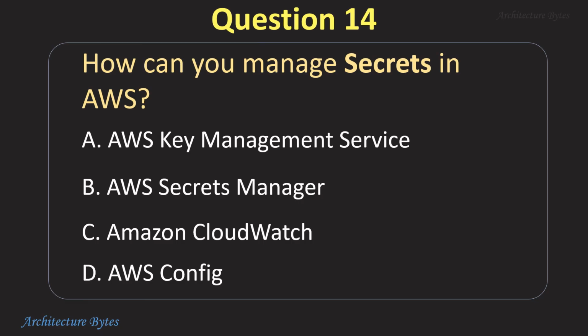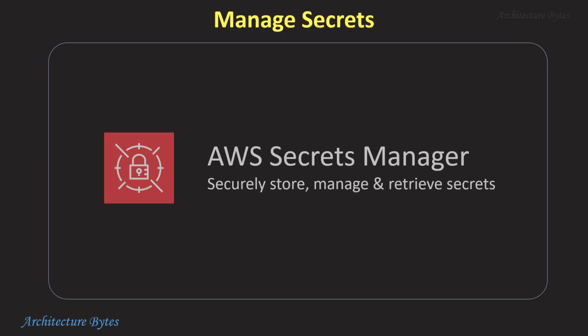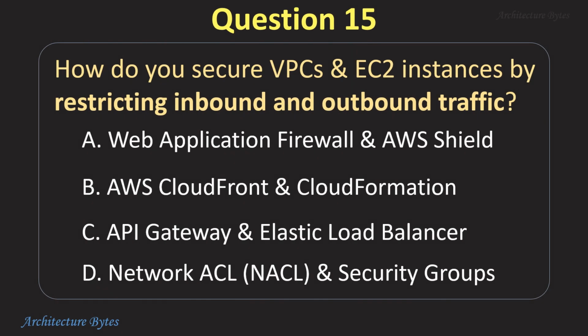How can you manage secrets in AWS? We can use AWS Secrets Manager to securely store, manage, and retrieve secrets. How do you secure VPCs and EC2 instances by restricting inbound and outbound traffic?